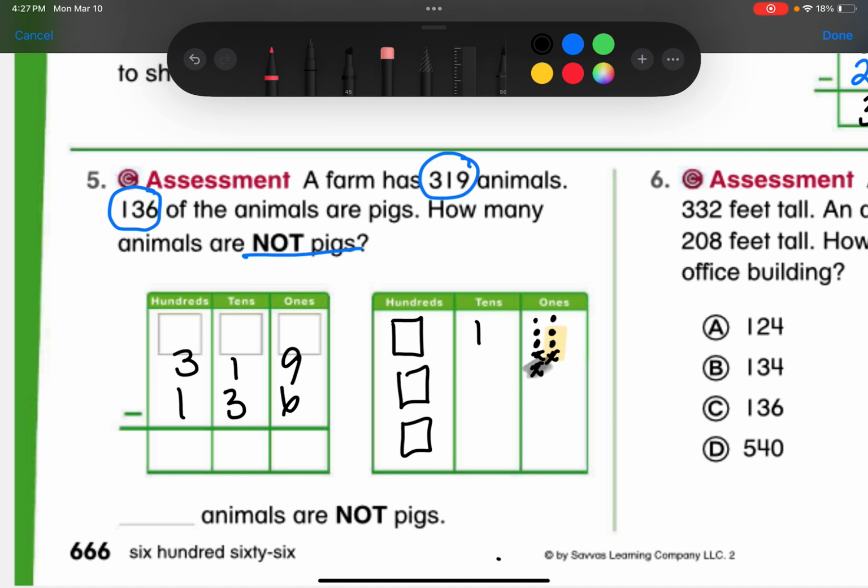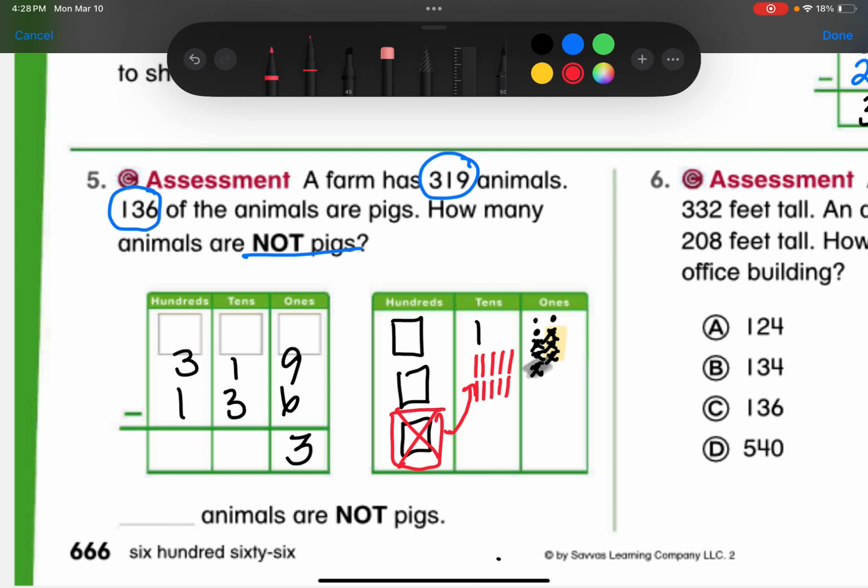9 minus 6. 1, 2, 3, 4, 5, 6. I have 3 ones left over. 1 minus 3. I cannot do 1 minus 3. I only have 1 10. So I need to come over here, circle one of my hundreds, put it over here as 10 tens. 1, 2, 3, 4, 5, 6, 7, 8, 9, 10.